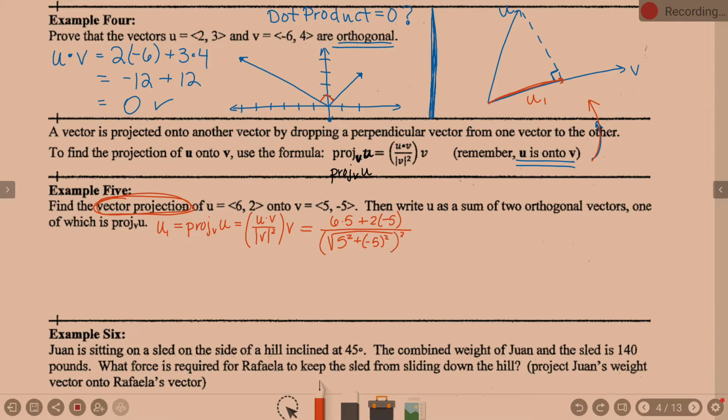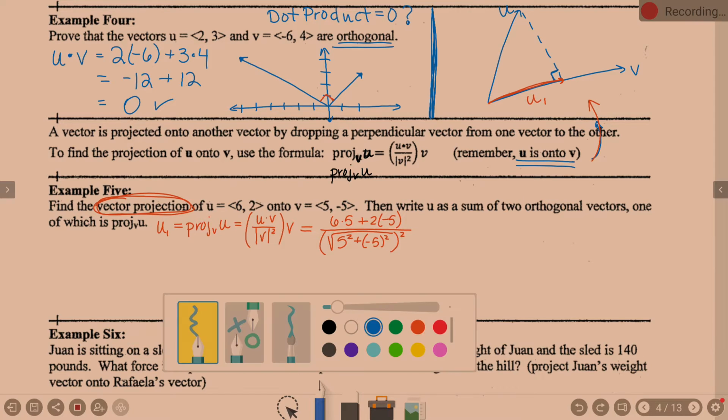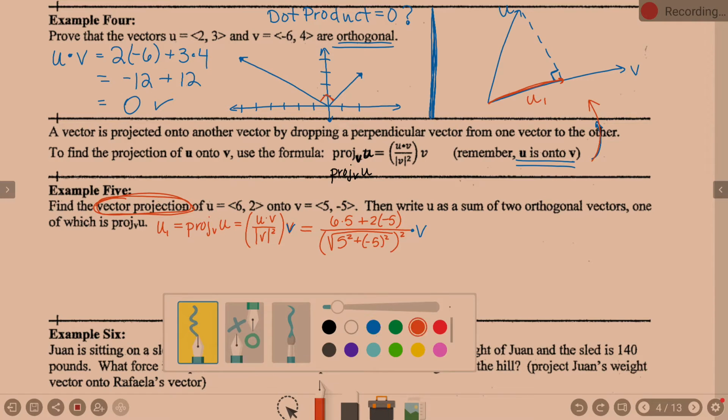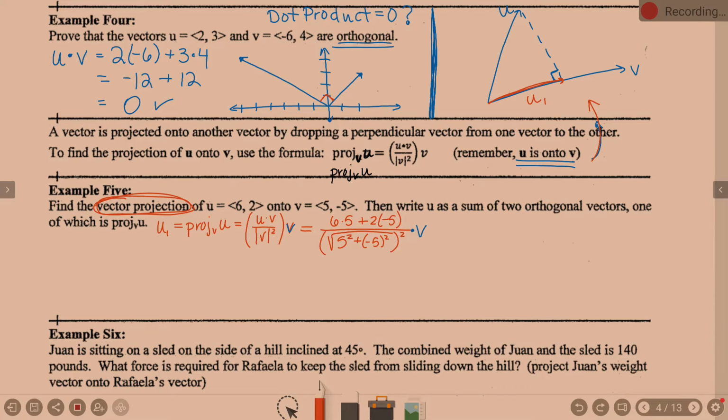But then it says to take the magnitude and square it. So I'm going to be doing the square root and squaring it. So that right there is the fraction in front. And that's going to be multiplied by vector V. I'll come back and multiply by vector V here in a moment, once I get that fraction mess situated a little bit better.